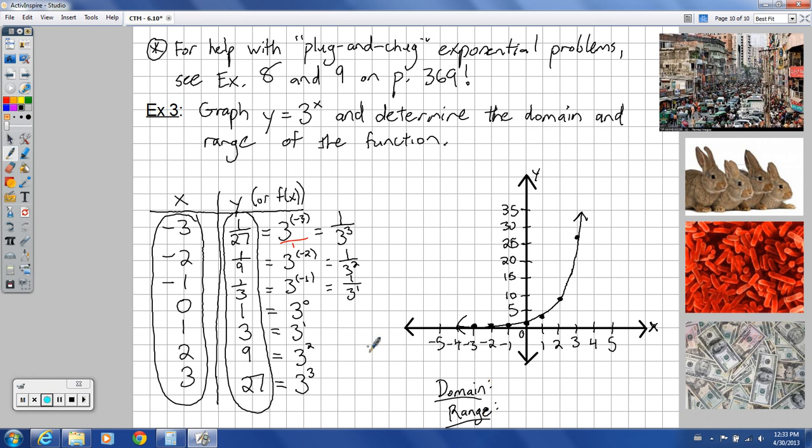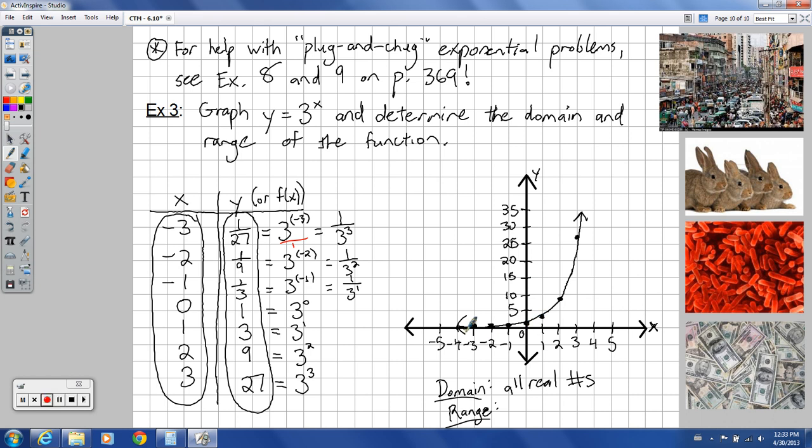So the domain, what x values can you plug in? Well, I could go as far back negative as I wanted to. I can use 0. I can do anything positive. So this is all real numbers for the domain. And the range, it looks like my y values are always going to be greater than 0.